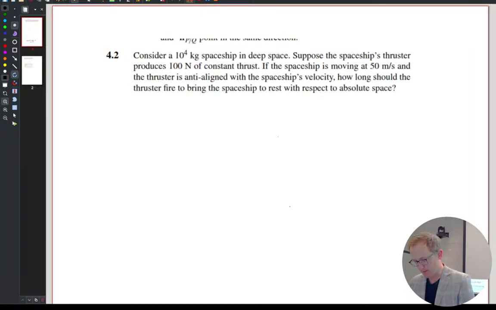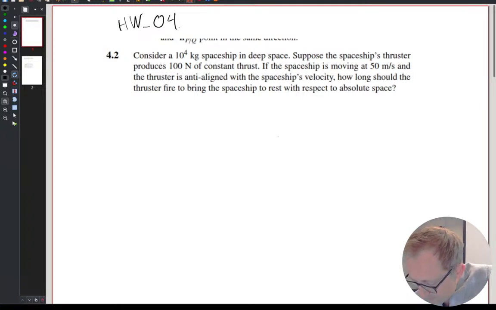Oh, so I skipped right over. Jumping into homework 4, the first question is from chapter 4, looking at a spaceship in deep space, 10 to the 4 kilograms. So this large, I feel like Star Destroyer is too big, maybe an X-Wing. You think that's 10,000 kilograms?